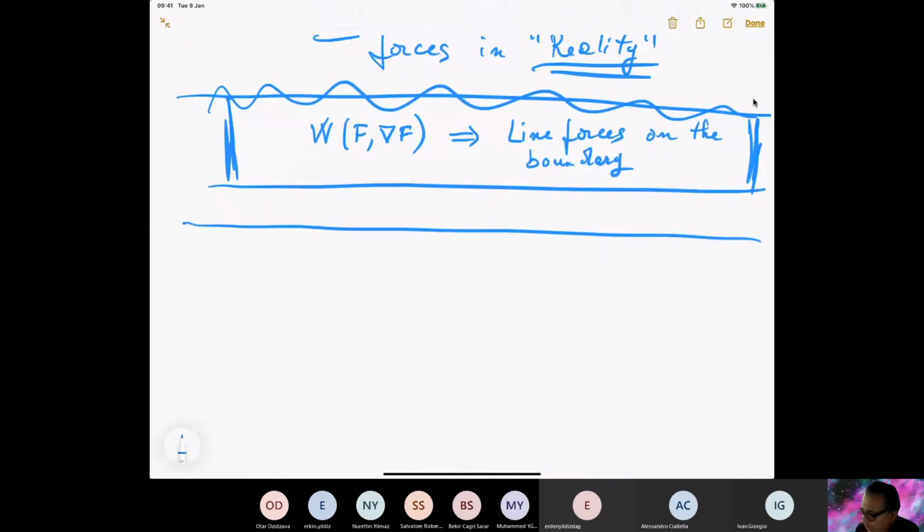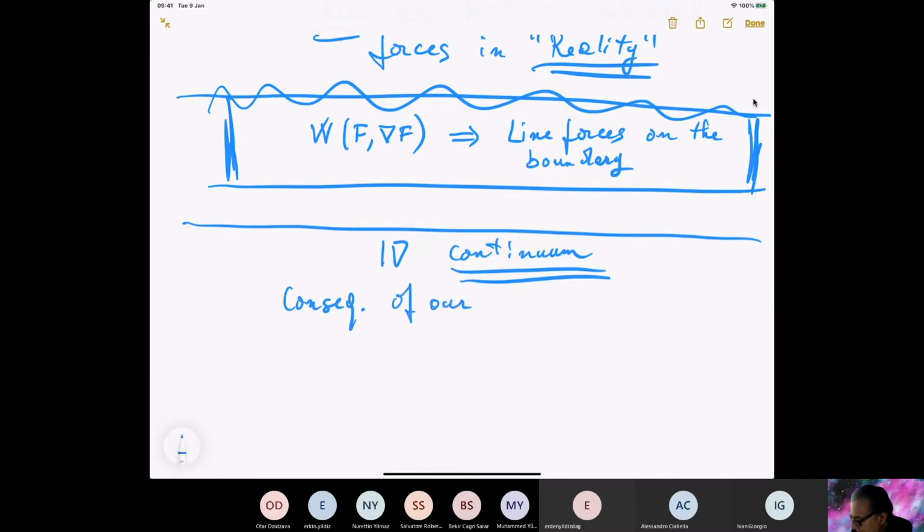Now, once we have established which kind of external loads you can apply to a first gradient continuum, so this is a particular assumption, let us try to understand some consequences of our assumptions.